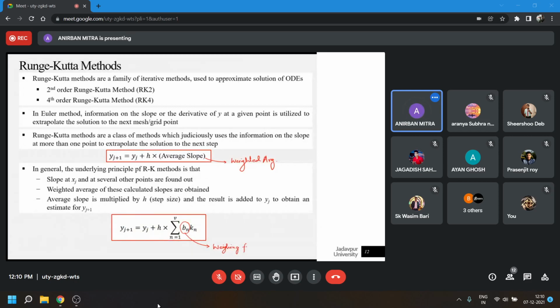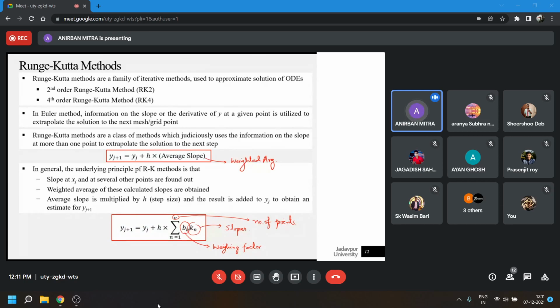This is the weighing factor. These are the slopes. And it indicates the number of points. So if v is equal to 2, then this summation would be b1 k1 plus b2 k2.